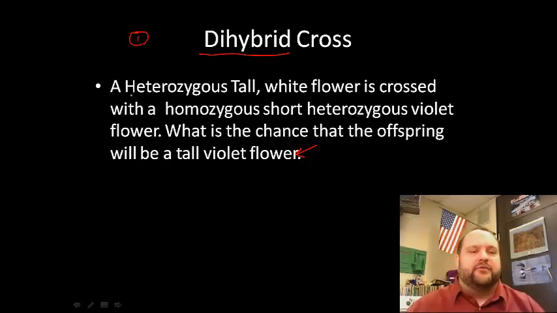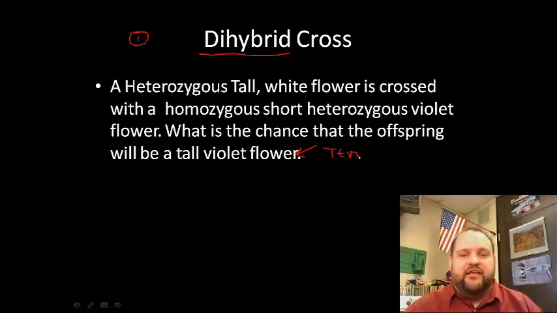So if I look at this one here, it says a heterozygous tall white flower. Well, I'm just going to deal with heterozygous tall. Heterozygous tall, I know looks like big T, little t. White flowers, the only way to get white is the recessive, so I need two little v's.